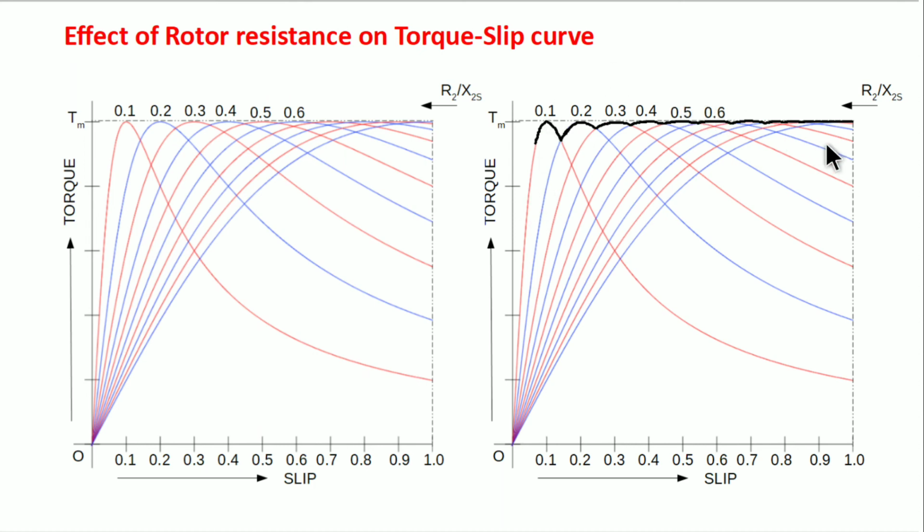If we have inserted the resistance at the time of starting, then gradually cut it off as the motor picks up speed. So this motor can be started with full load because the starting torque is equal to maximum torque. But again I repeat that this is possible in the case of slip ring induction motors only.